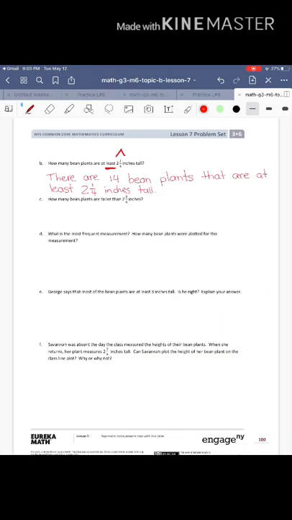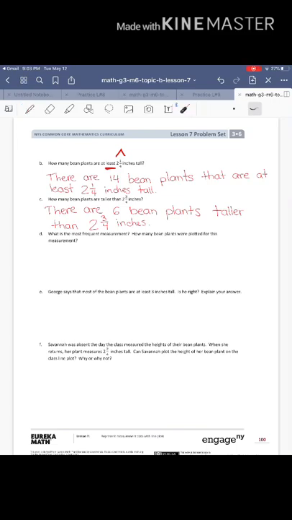So how many bean plants are taller than 2 wholes and 3/4 inches? There are 6 bean plants taller than 2 wholes and 3/4 inches. There are 6 bean plants taller than 2 wholes and 3/4 inches.